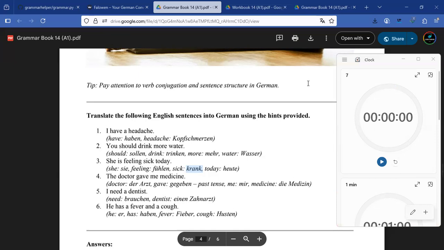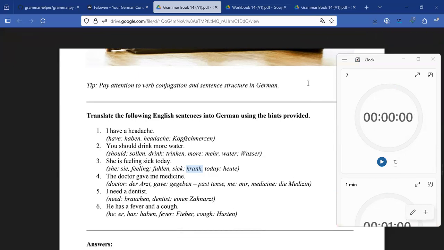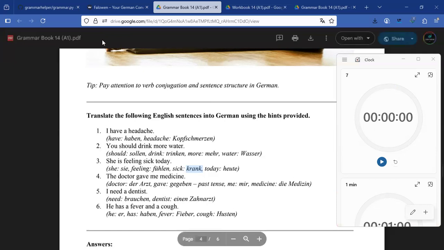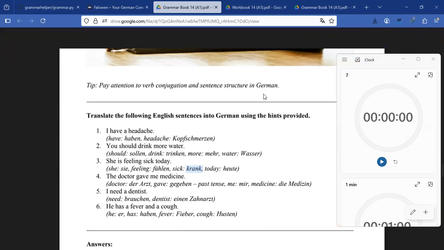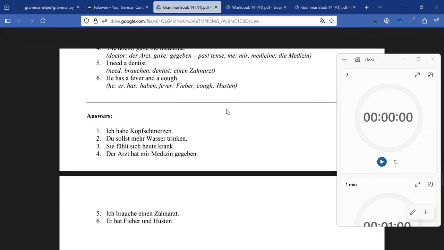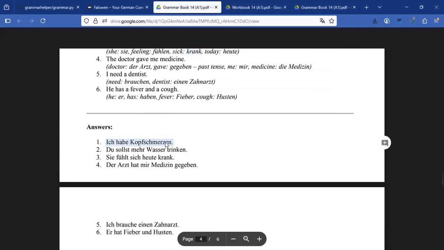Okay, so let's cross check the answers. Number one, tell me the answer you had. Ich habe Kopfschmerzen. Yeah, so number one is going to be ich habe Kopfschmerzen. Number two is du sollst mehr Wasser trinken.